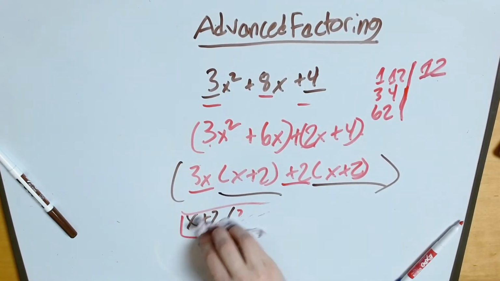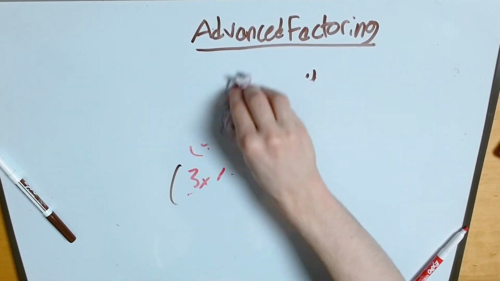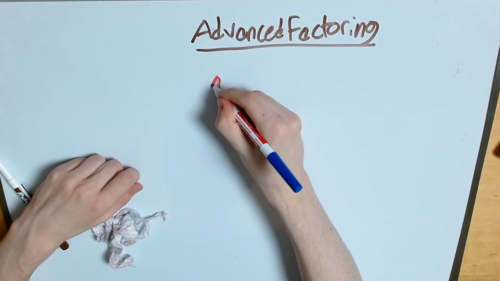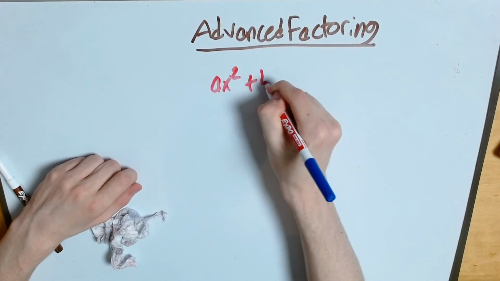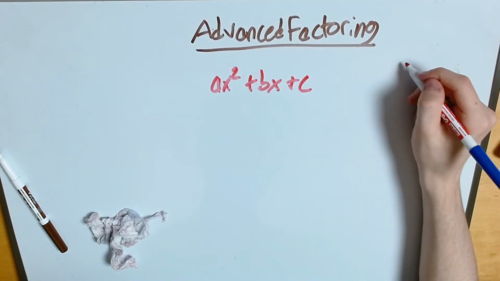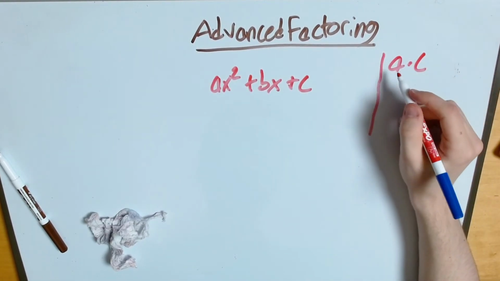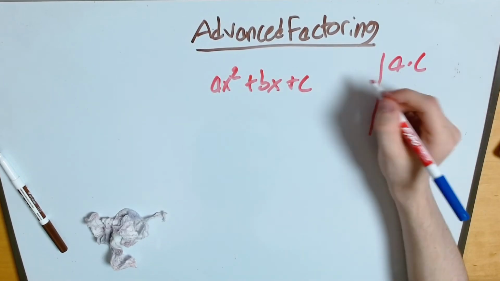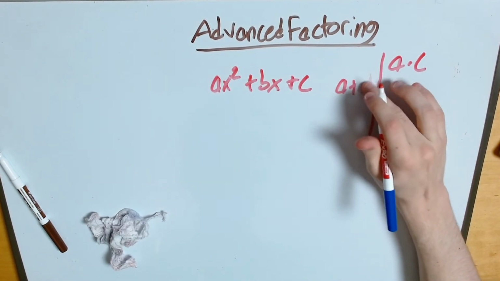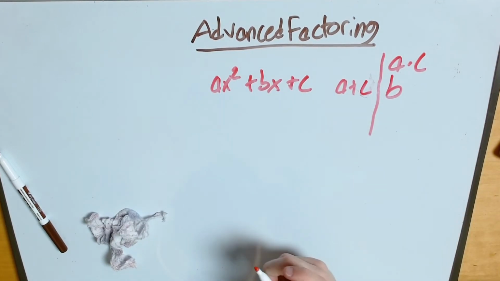And if you say, okay, I think I get the hang of this, but how can I use this on any problem? Well, the general form of this would be, okay, you have a quadratic ax squared plus bx plus c. Your first step is going to be, okay, find a times c, right? List out its factors until you get one that adds up to b, right?